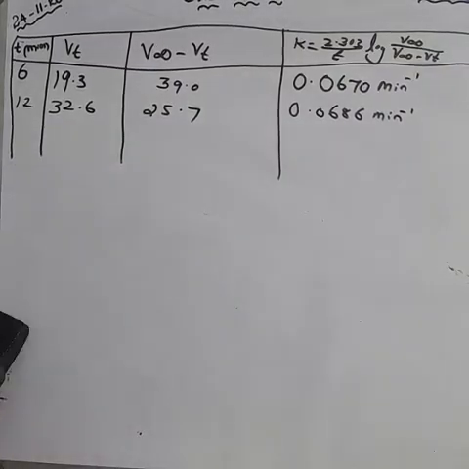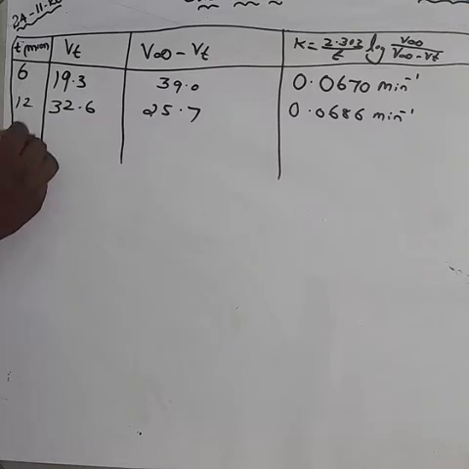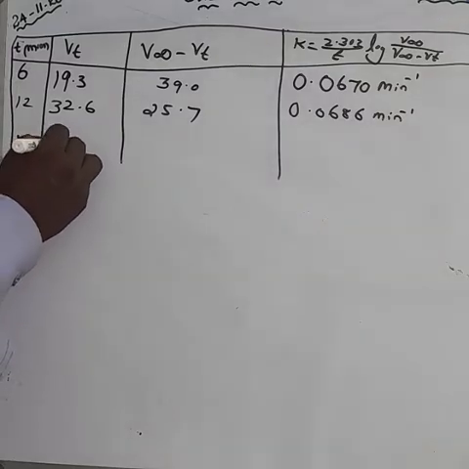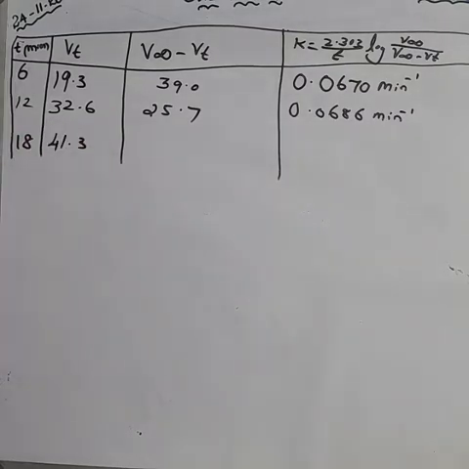Okay, so we shall do the next 6 minutes, that is 18 minutes. As per the table column, the Vt value is 41.3.